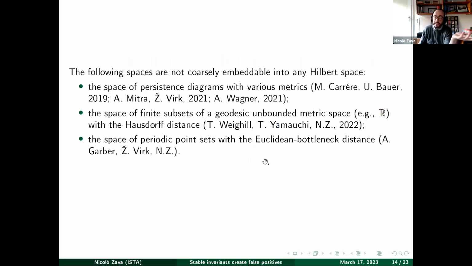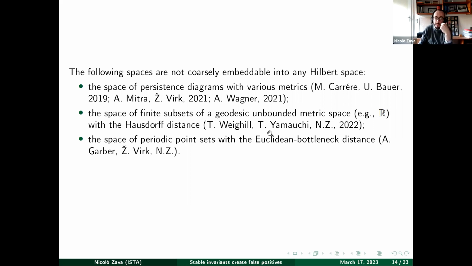So this technique that I've just described actually has been applied before to prove, for example, that the space of persistence diagrams endowed with various metrics cannot be coarsely embedded into any Hilbert space. This was proved by Carrière and Bauer, by Atish and Giga, and by Wagner.